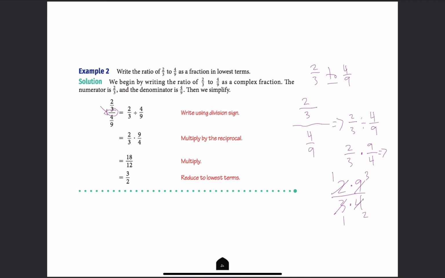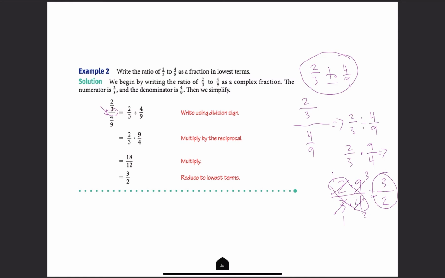And so 2 and 4 have a relationship. Their ratio is 1/2. 2 to 4 is 1 to 2. And so I can simplify to 1 to 2. And now I can do my math here. 1 times 3 is 3. 1 times 2 is 2. And so the simplified, reduced version of this original ratio is 3 to 2.